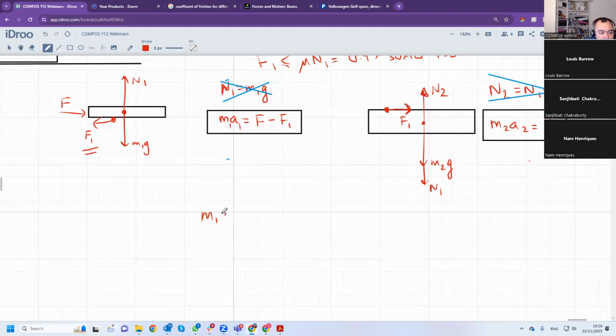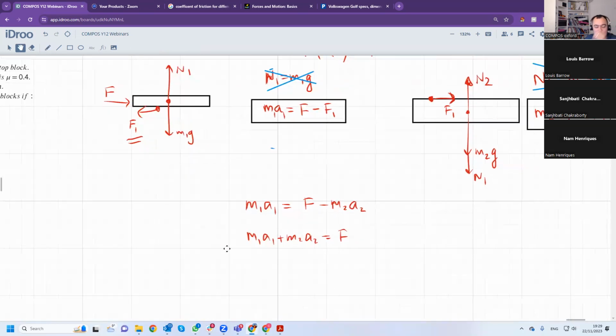So M1A1 equals F minus M2A2. So M1A1 plus M2A2 is equal to F.